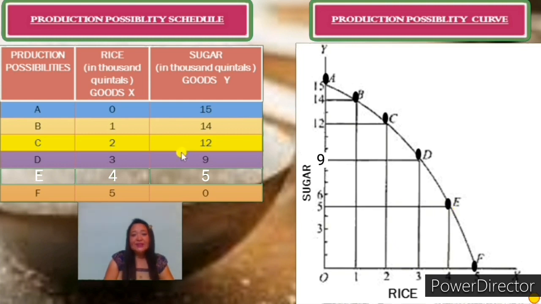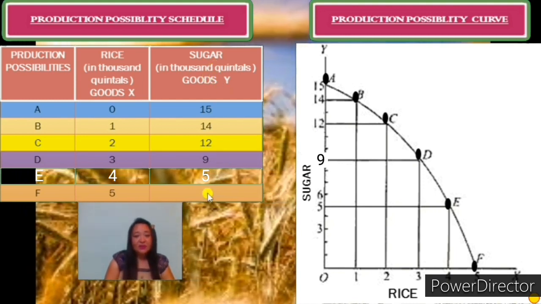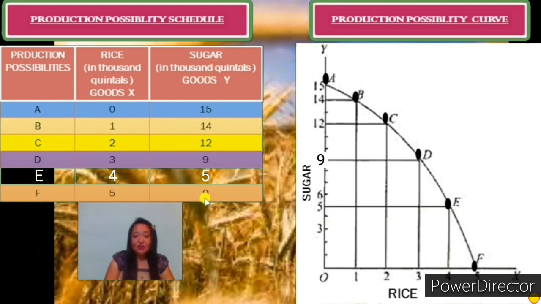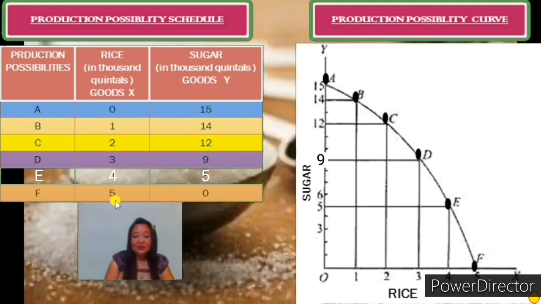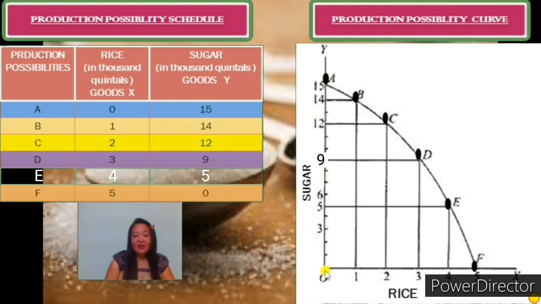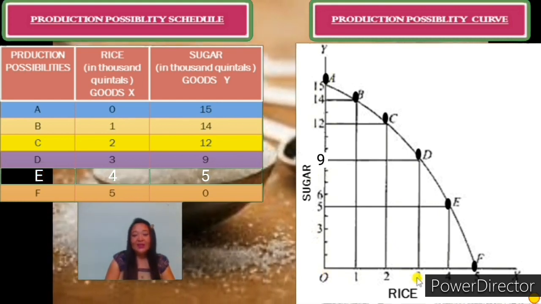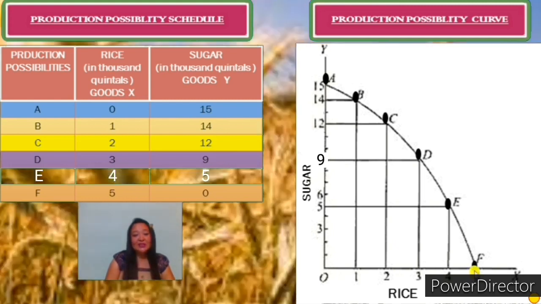Now if you say that we are not going to invest any resources in the production of sugar, so we will not produce any sugar, the entire fund will be diverted to the production of rice, then what will happen? The production of sugar will be 0, but the production of rice will increase to 5 units. So according to possibility F, your point is here.